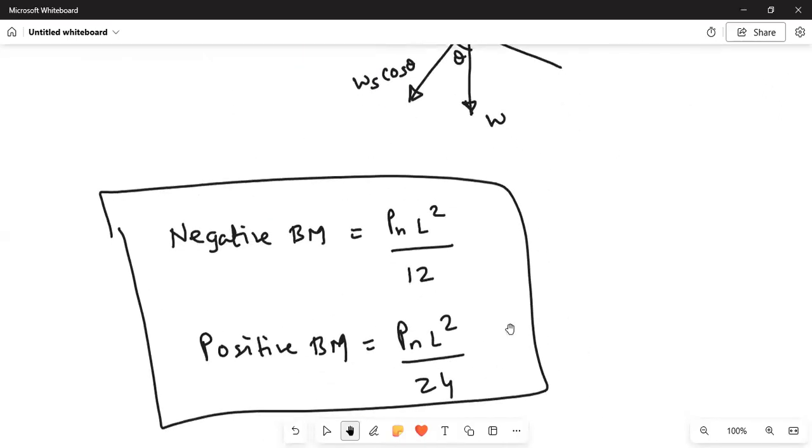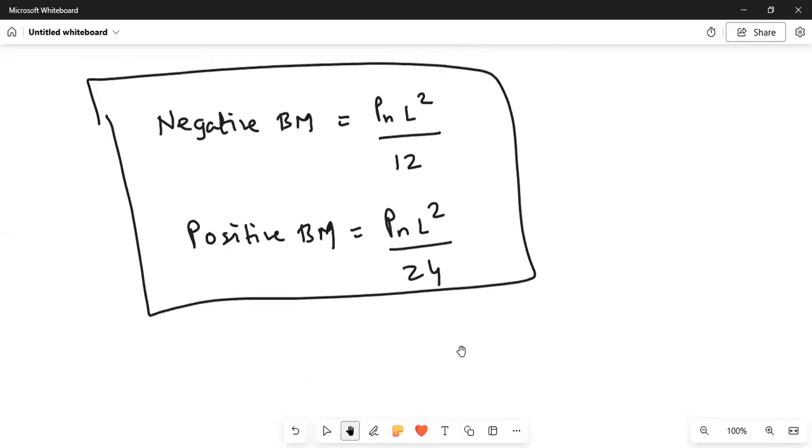Up to this is clear? Any question, class? Do you have any question? Hello. Once we see the problem, things will be very, very clear to you, how to use those formulas.